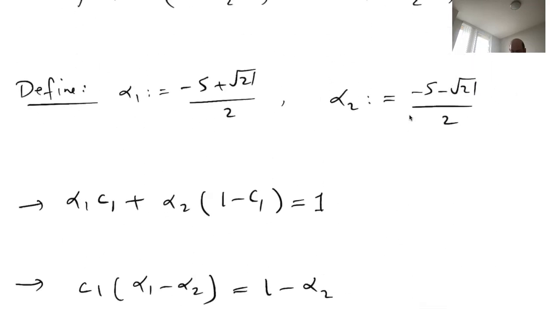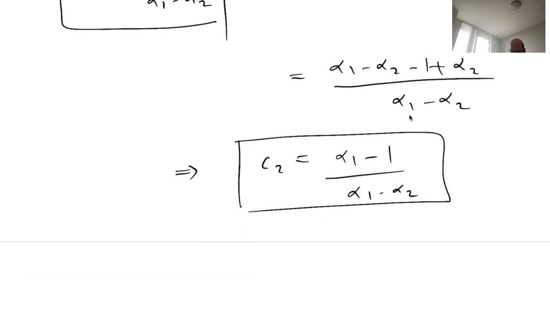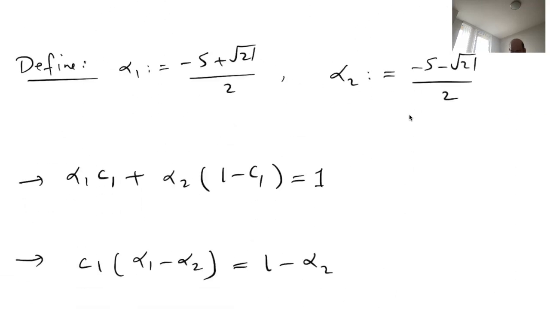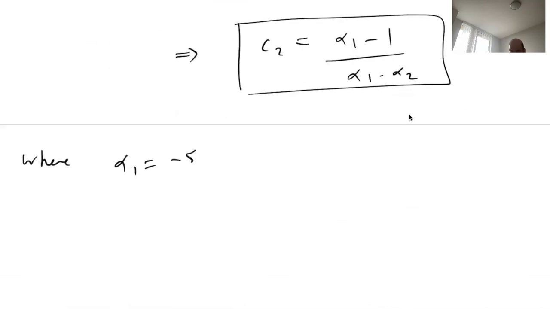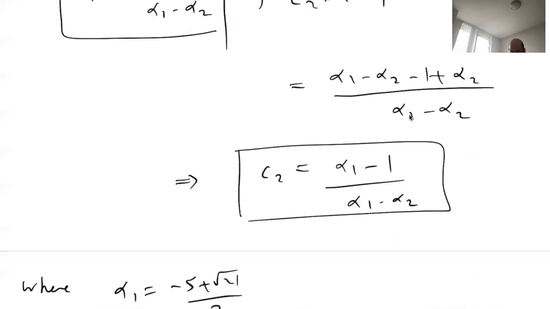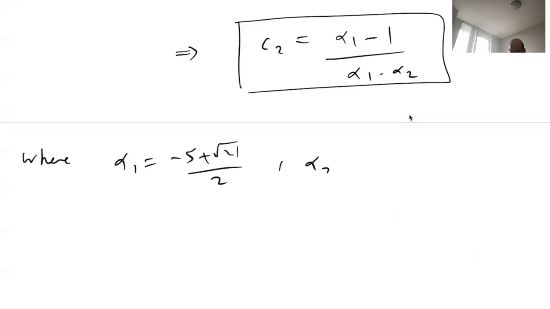And as we mentioned, alpha 1 is minus 5 plus root 21 divided by 2, and alpha 2 is minus 5 minus root 21 divided by 2.